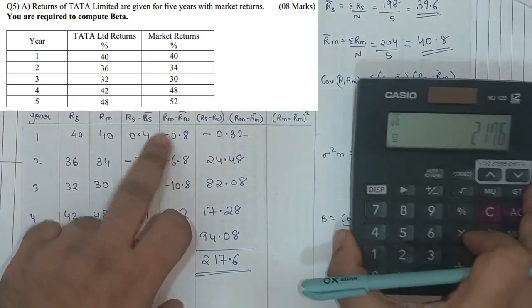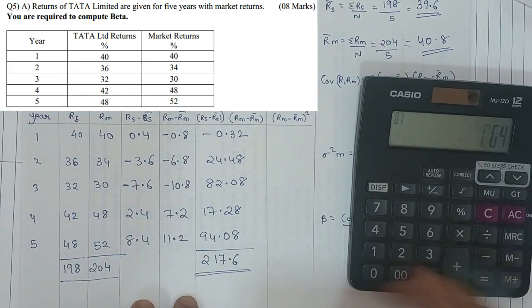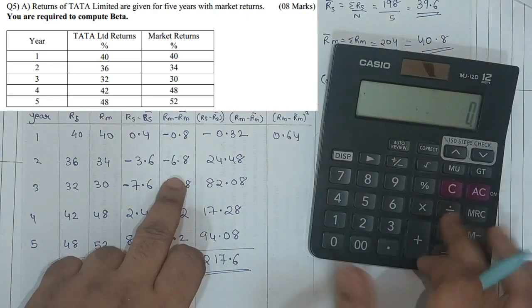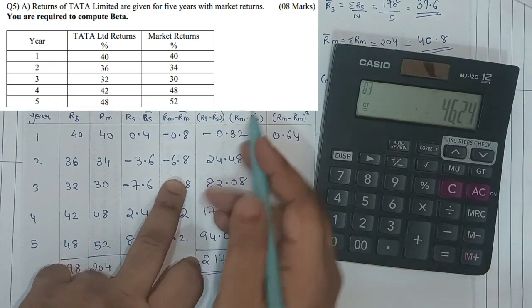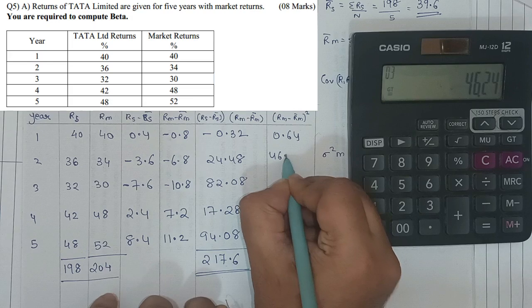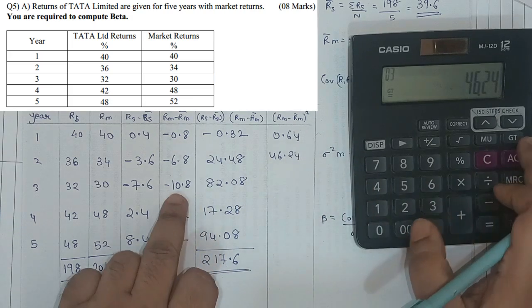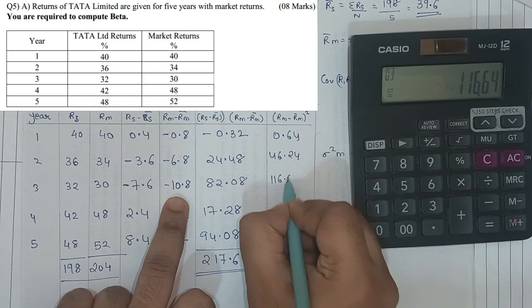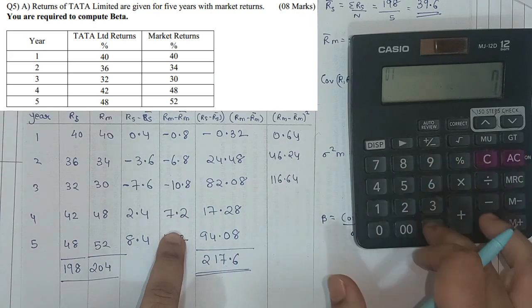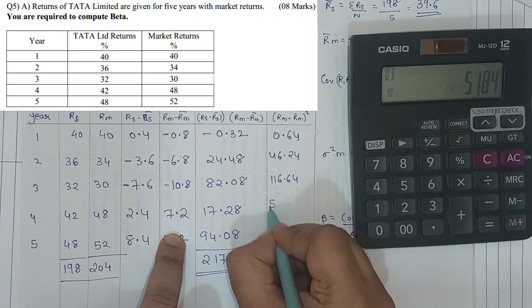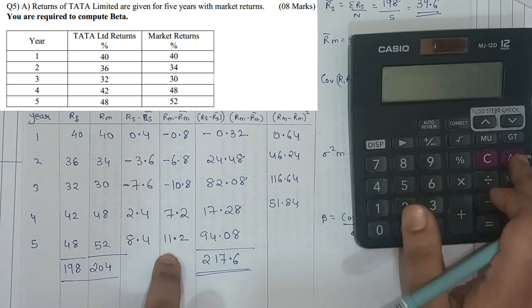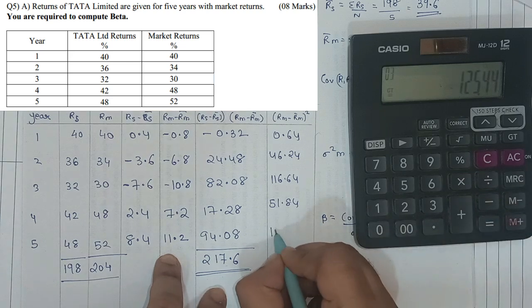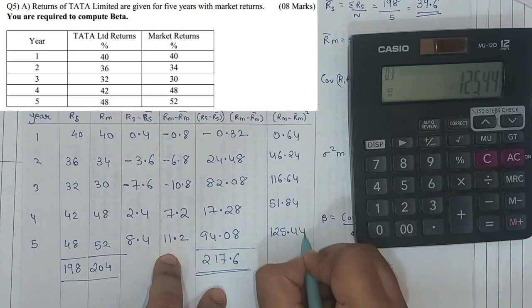And lastly the squares. 0.8 squared is 0.64. 6.8 squared is 46.24. 10.8 squared is 116.64. 7.2 squared is 51.84, and 11.2 squared is 125.44.